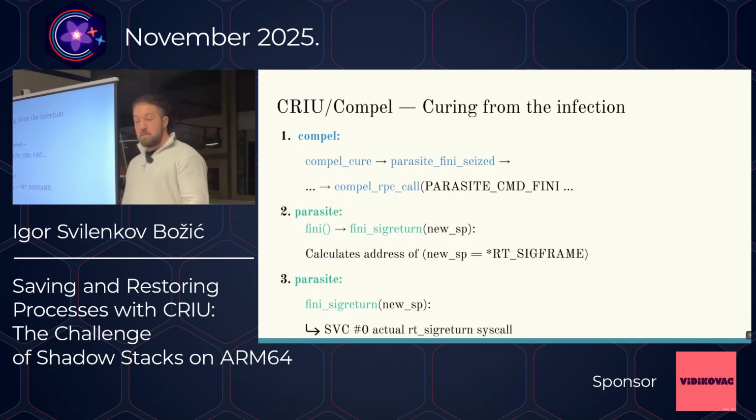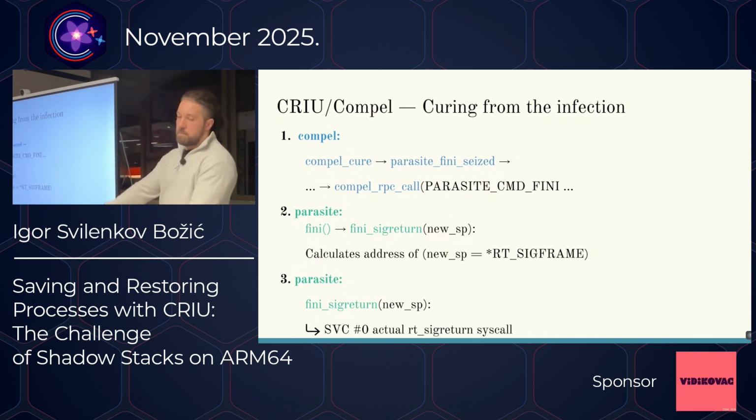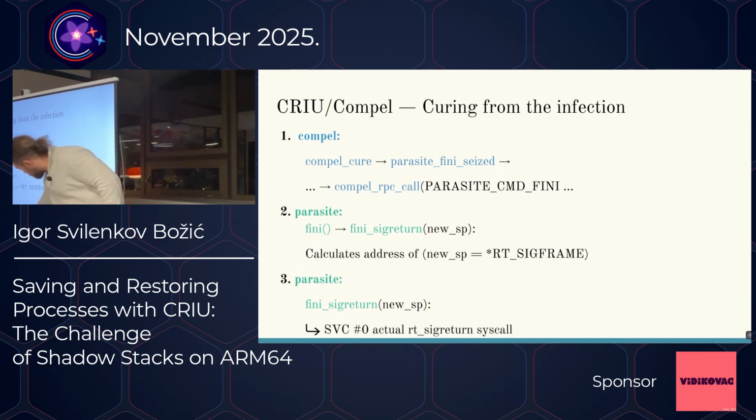Okay, and that test that I was showing you, which just increments and decrements a value, was key for finding out later how GCC fails. It's important to note that the decontamination of the parasite at the end of its lifetime happens when the parasite calls the sigreturn syscall.